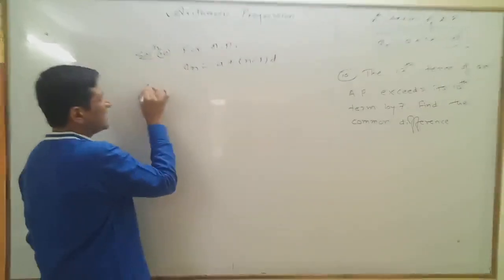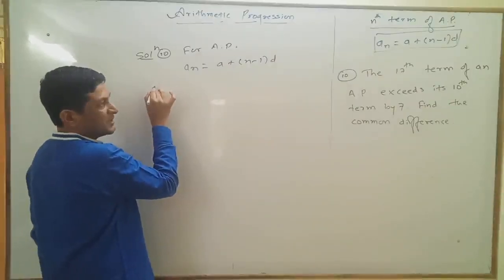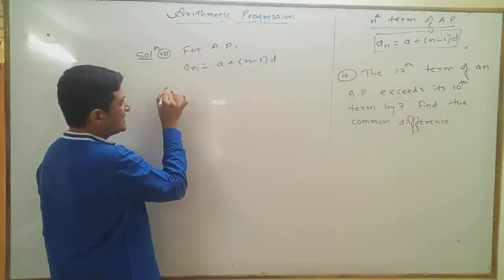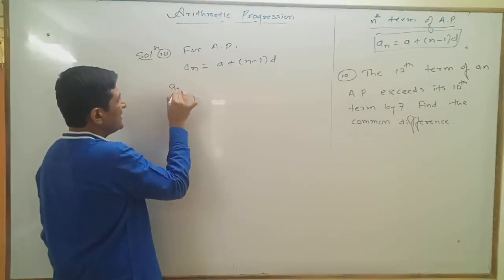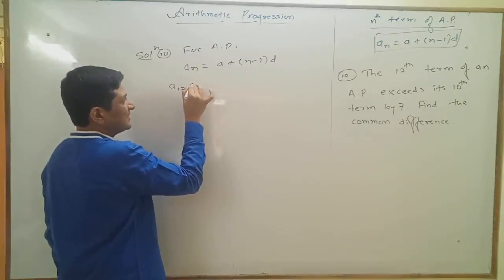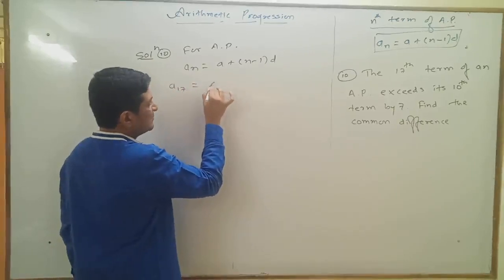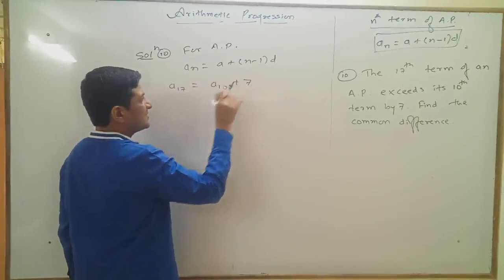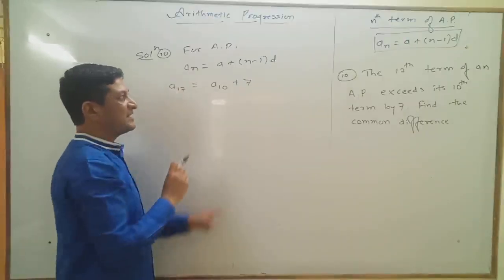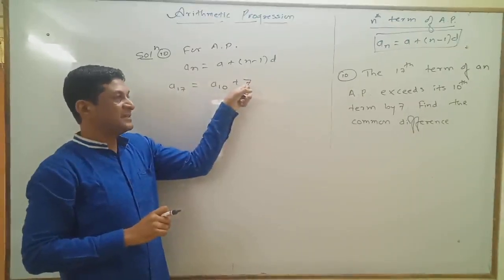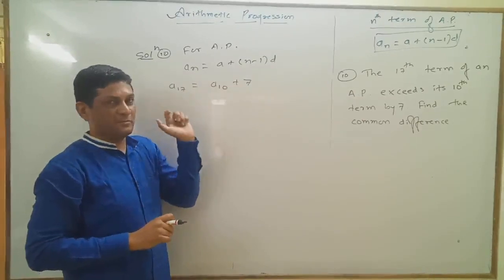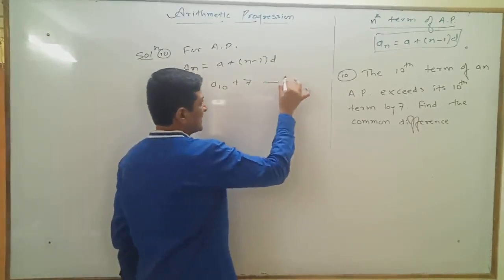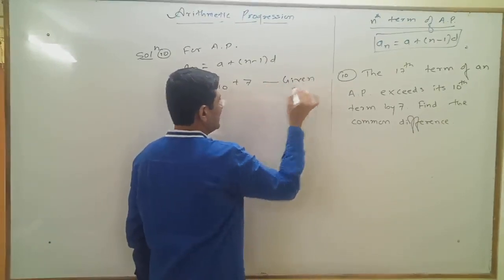Now we are writing the given condition. What is the given condition? That the 17th term, A17, exceeds the 10th term, A10, by how much? 7. Means this A17 is greater by 7 than the 10th term. This is the condition given to us.